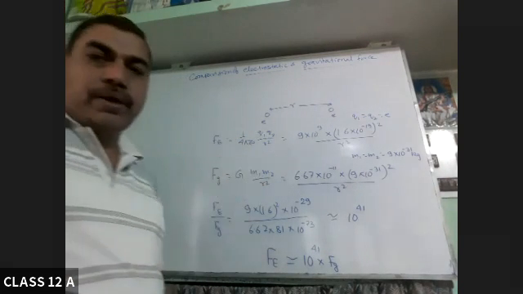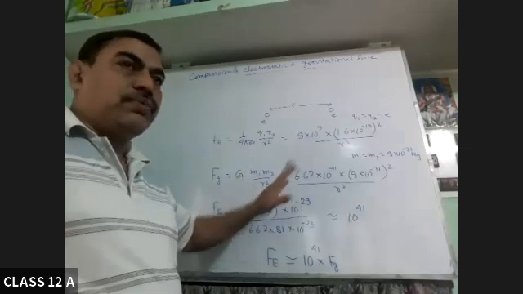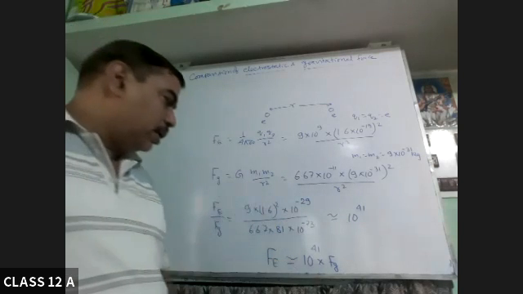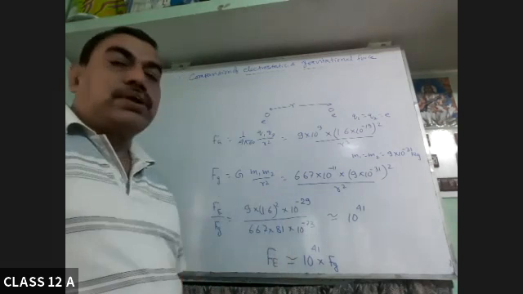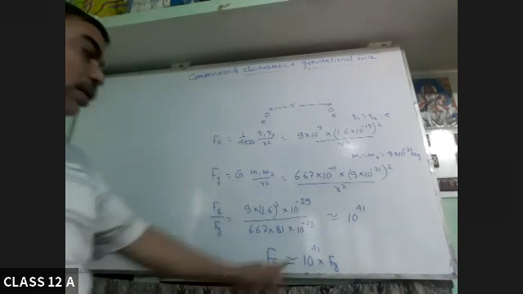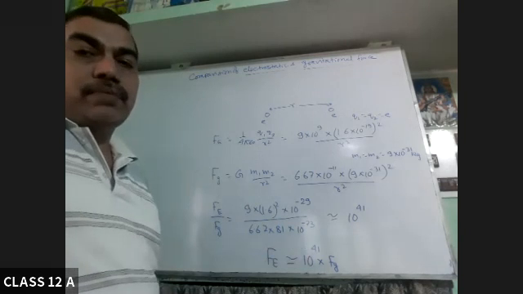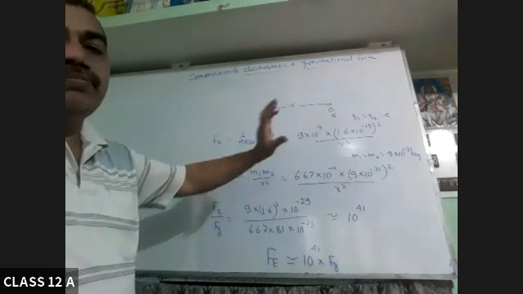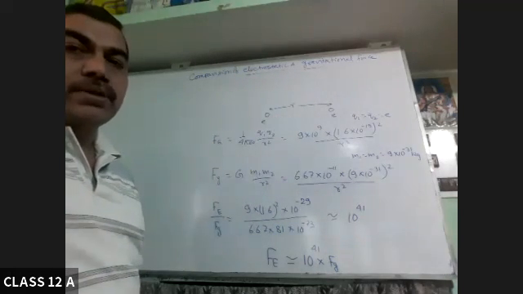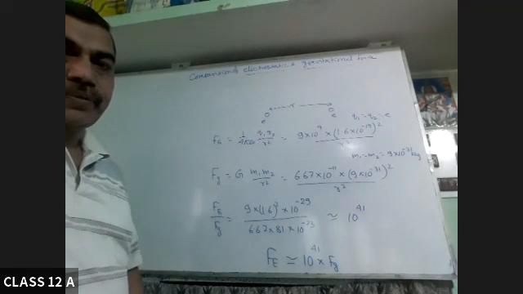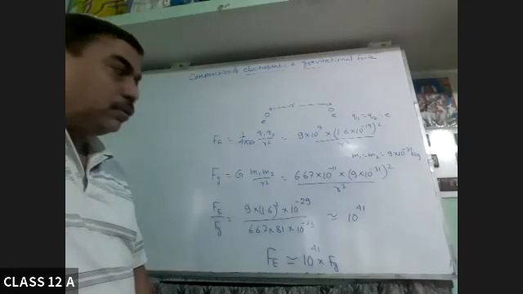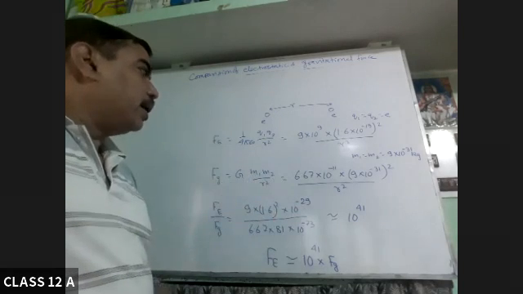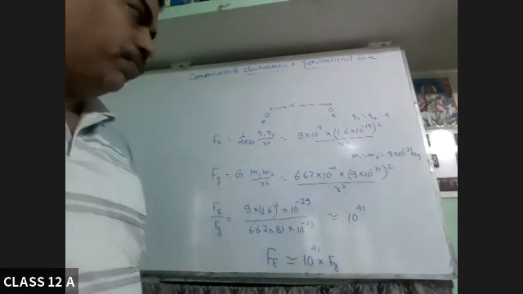It will be different for different cases, but this question is frequently asked in competitive exams. So no need to do the calculation; this result will be sufficient. The electrostatic force between two electrons is of the order of 10 to the power 41 times the gravitational force, so we say the electrostatic force is much more in comparison to the gravitational force.